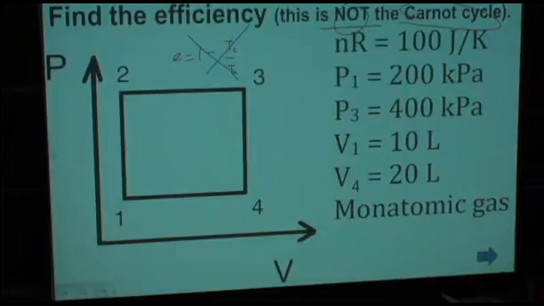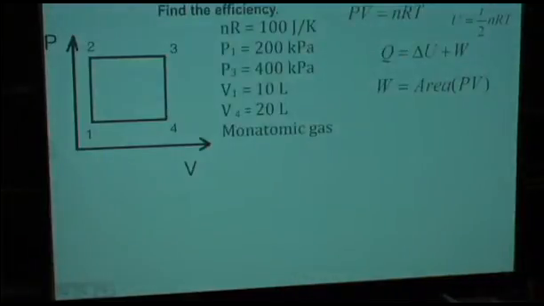Well, what do we know? 200 kilopascals, 10 liters, 20 liters, 400 kilopascals. Well, now we can immediately see how we can calculate the work. It has to be equal to this area.